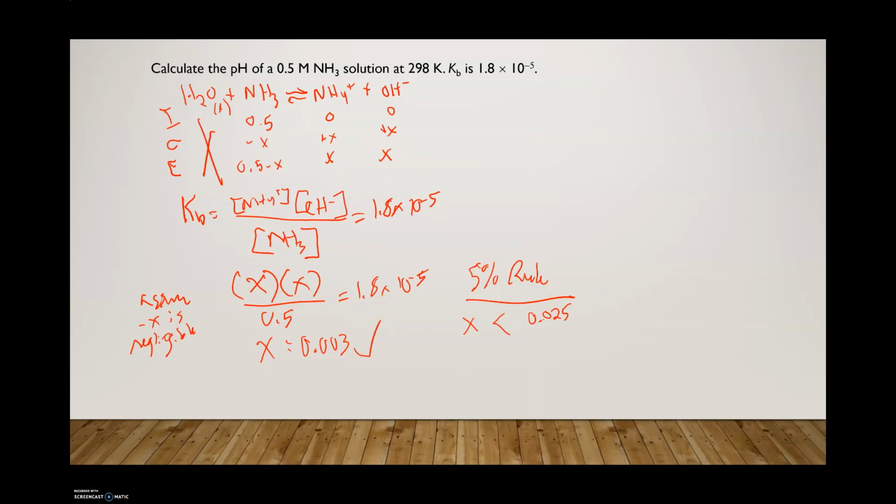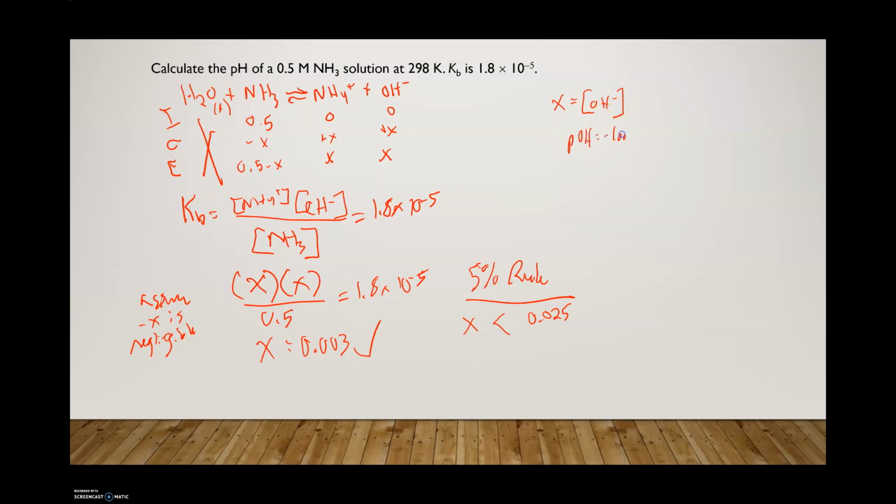That means we can use that X. If this was not valid, we'd have to go back and include this minus X and use a quadratic equation. But since it's valid, we just go ahead and calculate pOH. So the X is equal to the concentration of the hydroxide ion, and so we calculate the pOH from that.